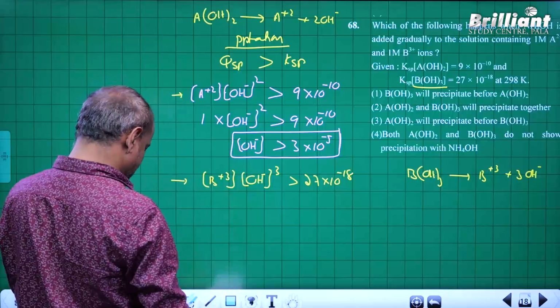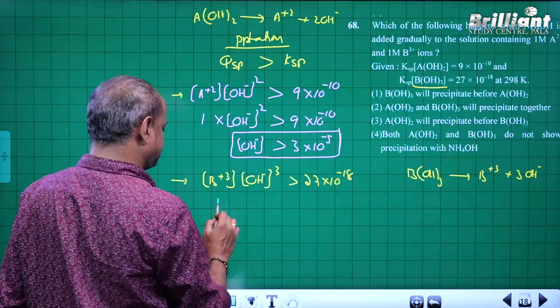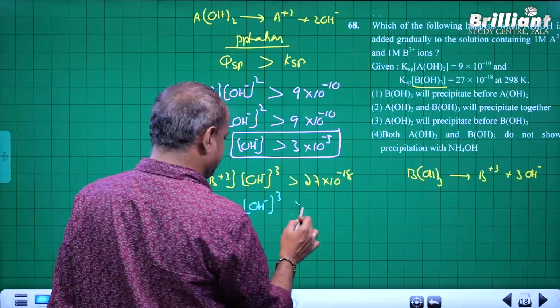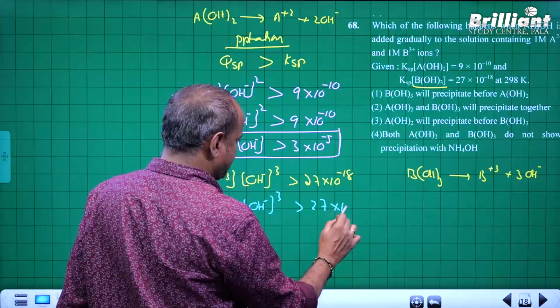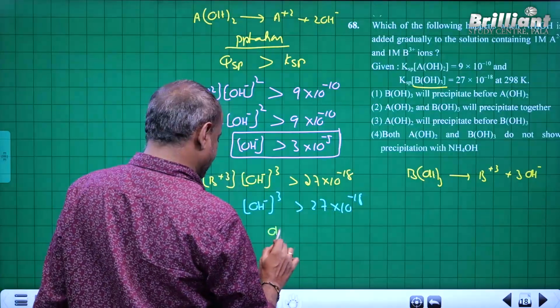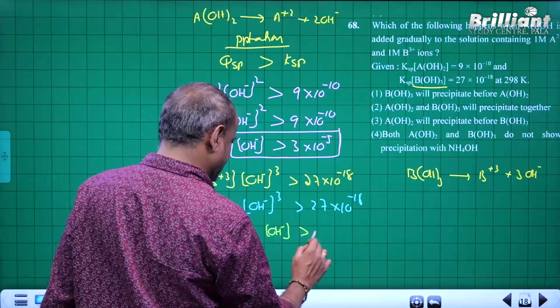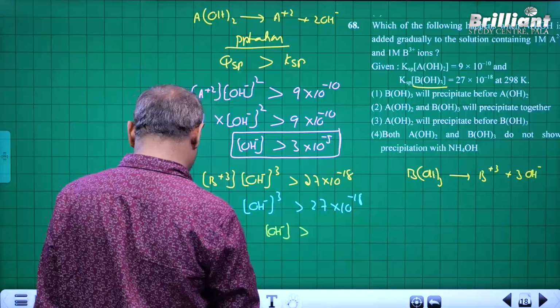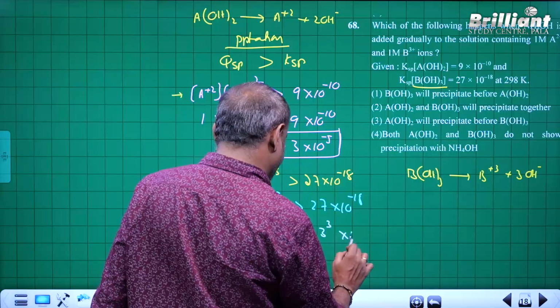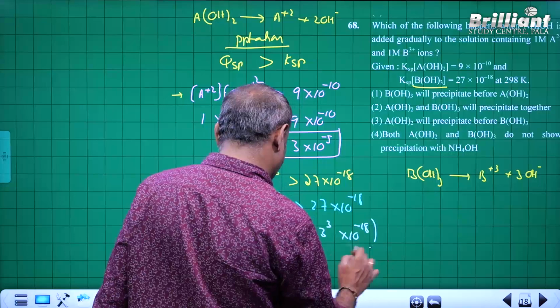B3+ is 1 molar only. So OH- cubed is greater than 27 into 10 raised to minus 18. Therefore, OH- ion concentration requirement is the cube root of 3 cube into 10 raised to minus 18.